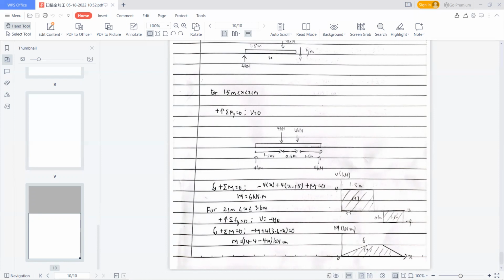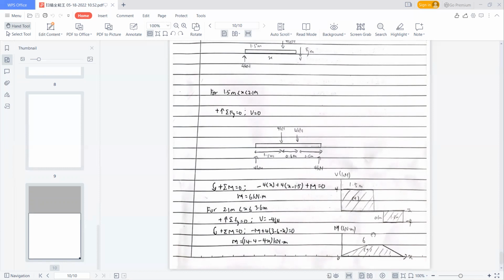We will have the diagram as follows. For the next range, x greater than 2.1 meters but less than or equal to 3.6 meters, we will have a diagram which is actually the same as the previous one. We will have a positive and a negative side, as we have negative 4x plus 4x. So we will have this type of diagram to differentiate which part is positive and which part is negative.